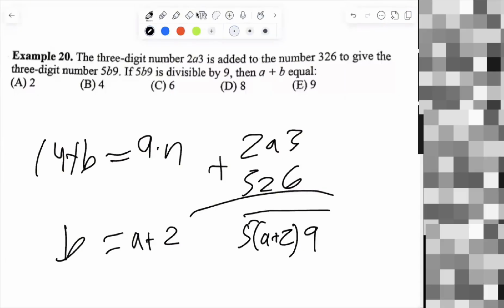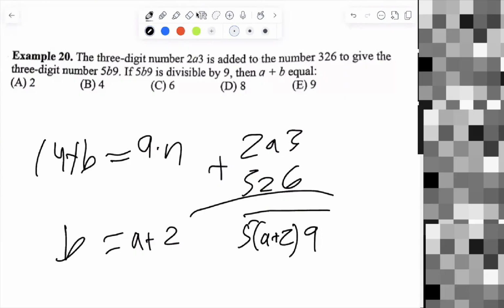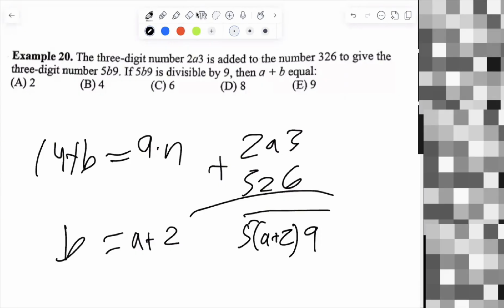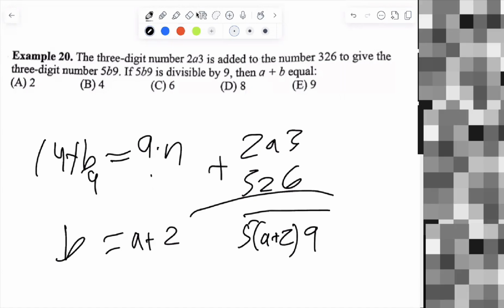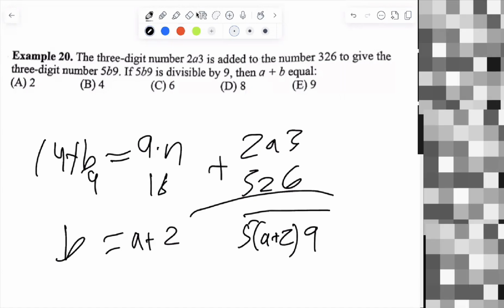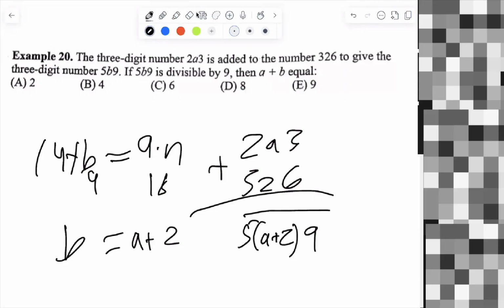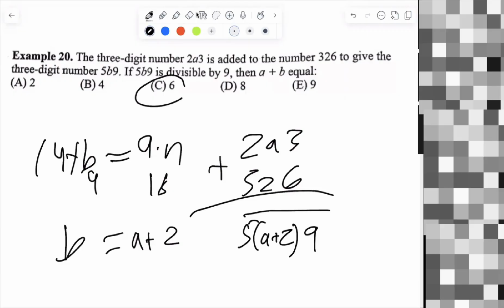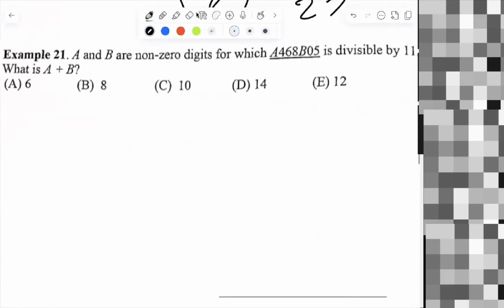Notice that the greatest number B can be is 9. So the only possible value for B is 4 to get 9 times 2, or 18. If B is 4, then A is 2, and adding these both up gives you 6, or C. Right? Now let's move on to example 21.